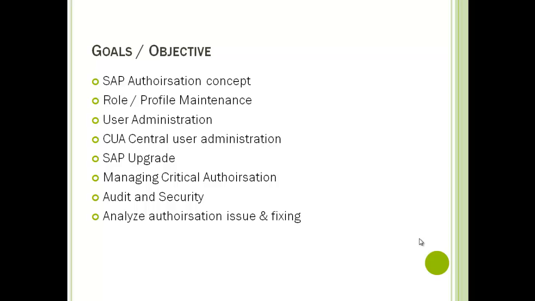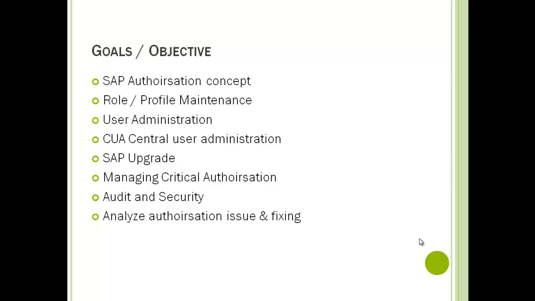And we will be learning about managing critical authorization. This critical authorization, somehow we need to give it to some users. So how are we going to manage this critical authorization, and what are these critical authorizations?